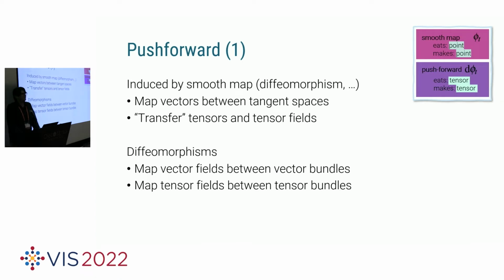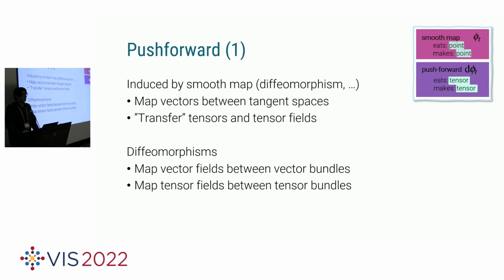When we have such a diffeomorphism, then what we immediately can construct from it is what is called the push forward. We already said that these smooth maps, like the phi t, map just the points of the manifold. And now the push forward is the construction where we map vectors between tangent spaces on the manifold.